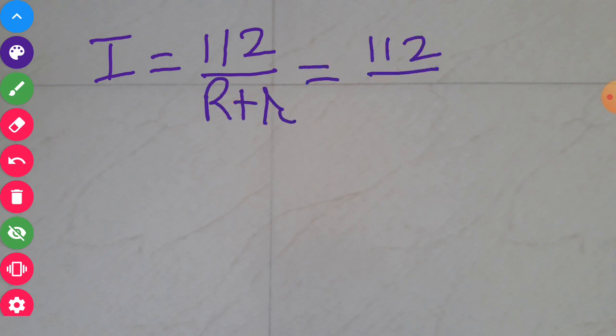Capital R is 15.5, the small r is 0.5, so it becomes 16. So this becomes 7 ampere current. So it's very easy to calculate the current.